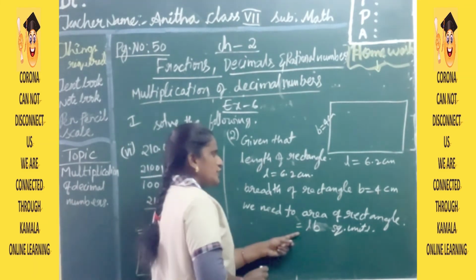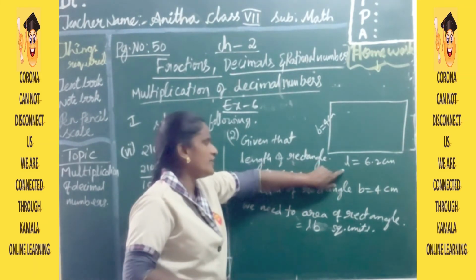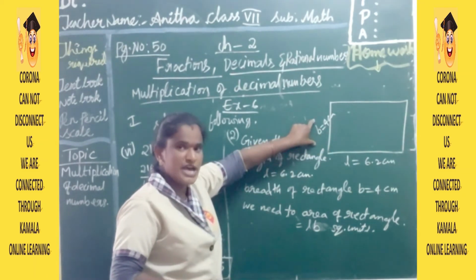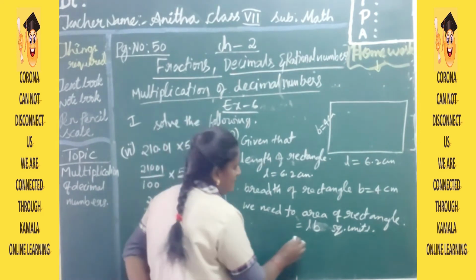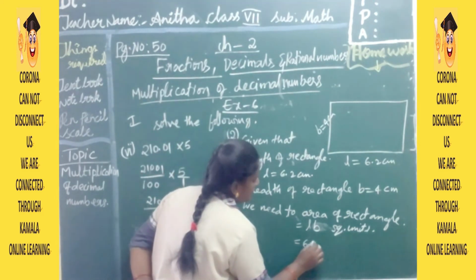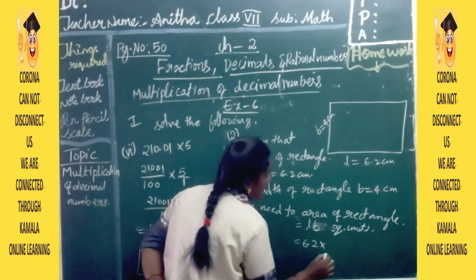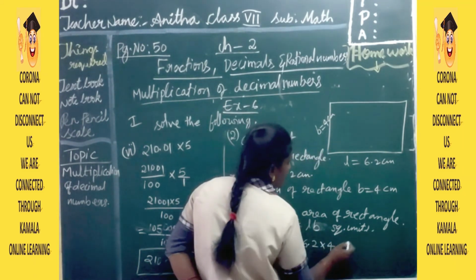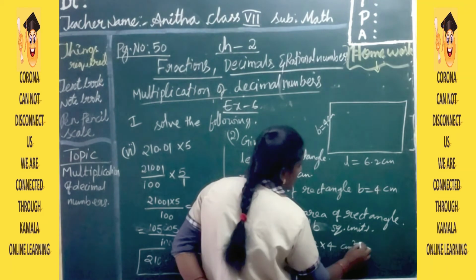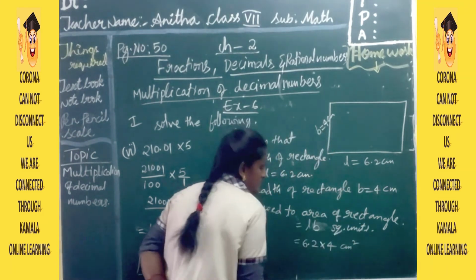So the length value you know, L value they have given and breadth is also given. So we want L into B. L value is 6.2 centimeters into B value 4. Square units means centimeters, since they are given in centimeters.